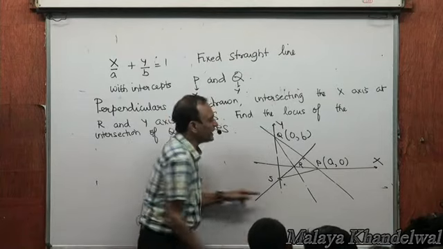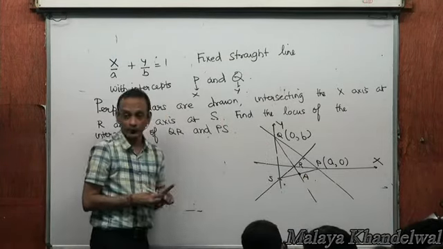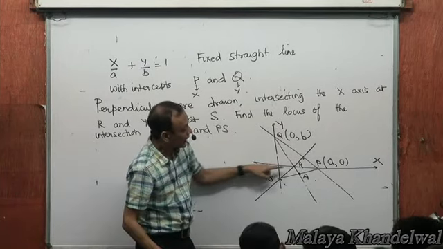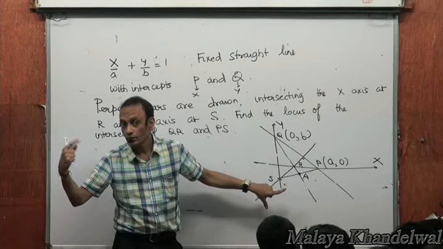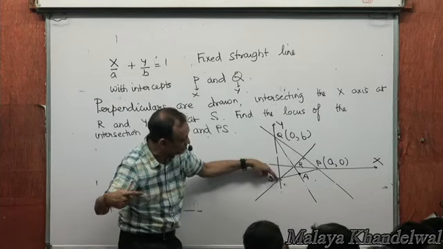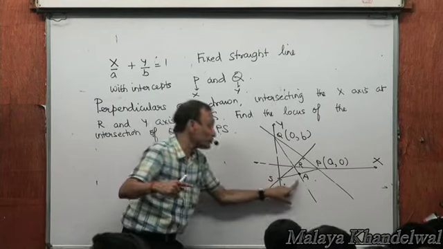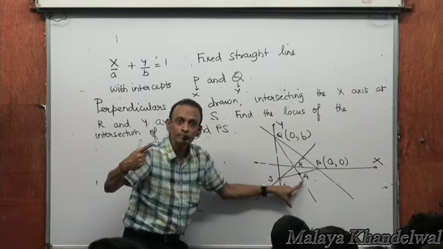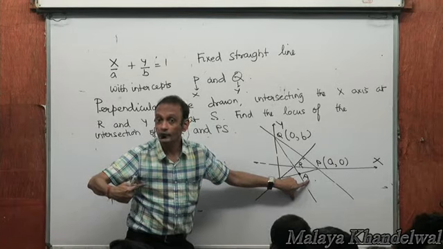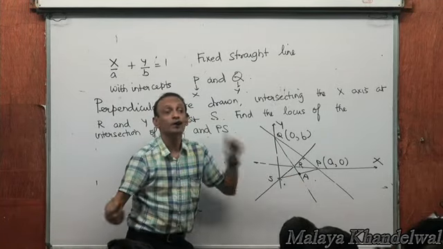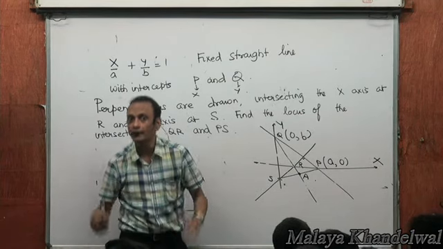Now QR and PS intersect at a point, say A. If I draw another perpendicular, I'll have a different R and a different S, and therefore a different A. Different perpendiculars will give me different QRs, different PSs, and therefore different A's. There is a path, a trajectory, associated with A. I want to find the locus of A. Yes or no?